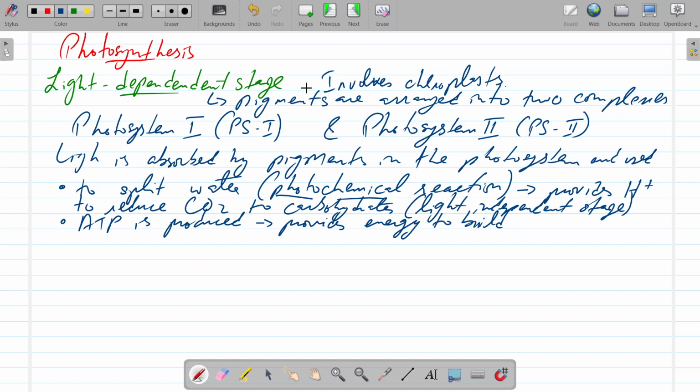So it's taking up energy. Now, this ATP that is produced is minimal. It's only produced in as much as would be utilized to build the carbohydrates. So this is not the plant's primary source of energy. The primary source of energy for plants, as we've talked about, is respiration.